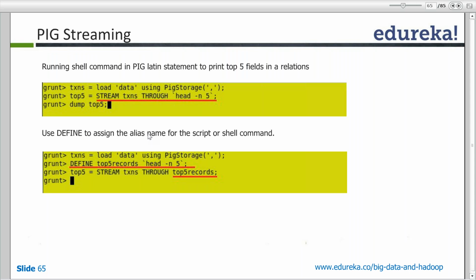They were able to integrate Python with Pig. That's why this stream operator was created. It's a very good thing. Just one thing to remember: when you are giving the commands directly, this is not a single quote, this is a backtick. The key just below your escape button, the backtick character.